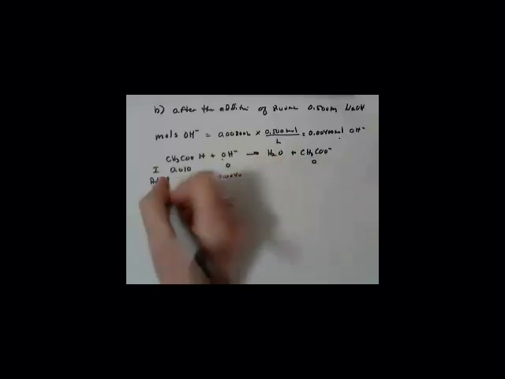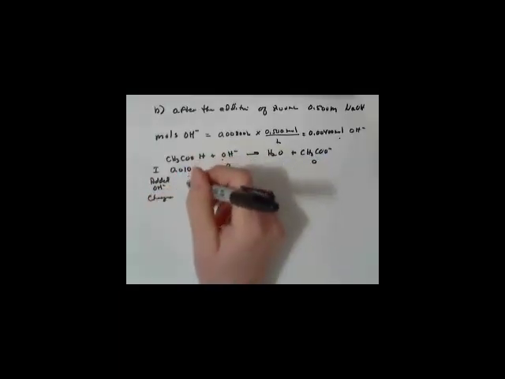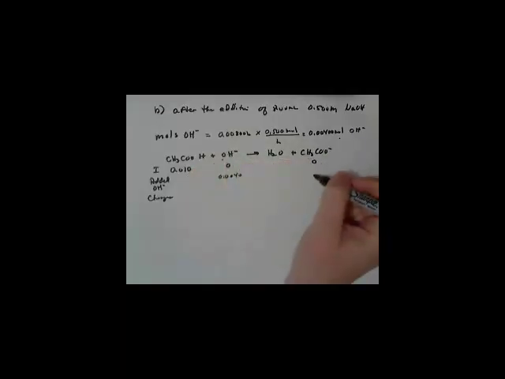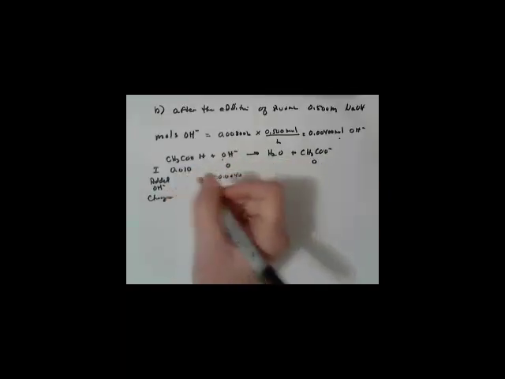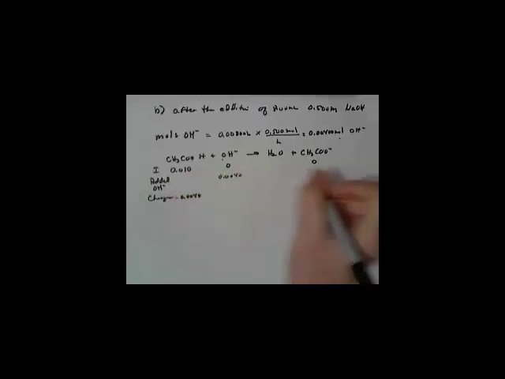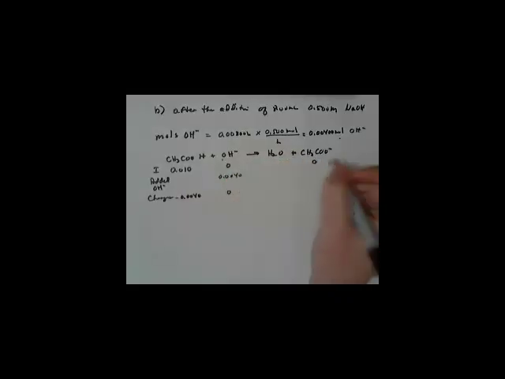Then the changes: we have to calculate how much acetic acid we have left, and also the number of moles of acetate ion. So this is going to be minus 0.004 moles, and of course all of the hydroxide ion will be consumed. And in this case, this is going to be plus 0.004 moles of acetate ion.